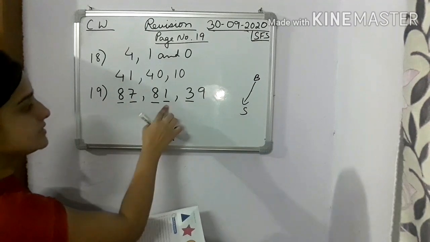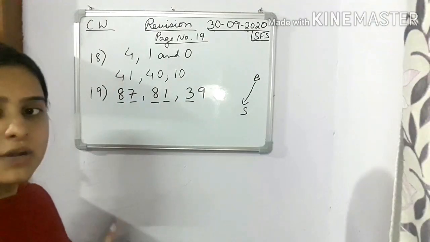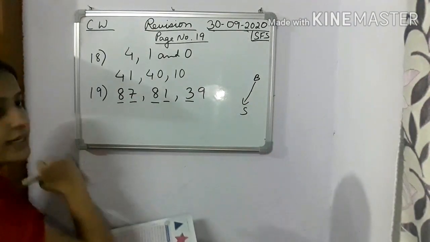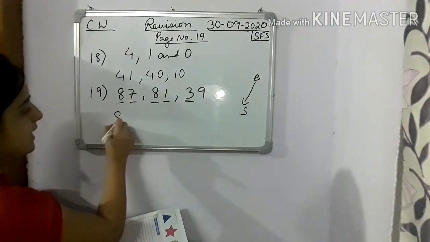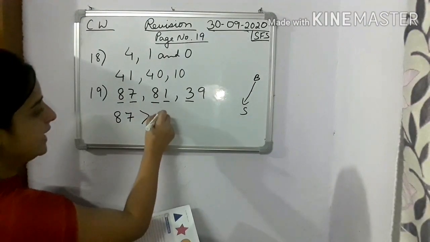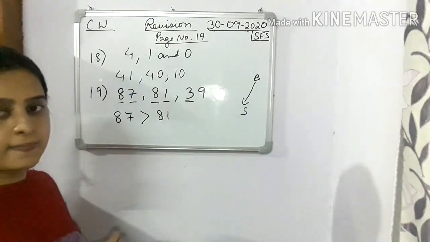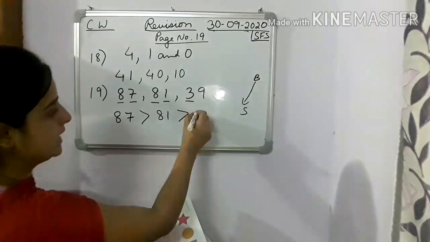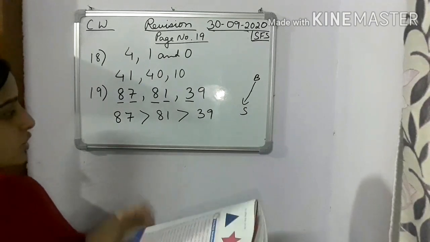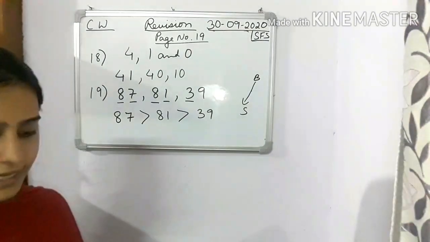This is 7 and this is 1. So between 7 and 1, which is bigger, children? 7. So the number 87 is bigger. So we'll write 87 first. Then we'll write 81. Then we'll write 39. Okay? So this is arranged in descending order.